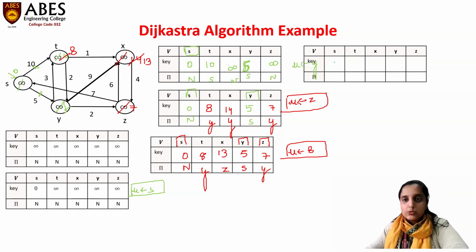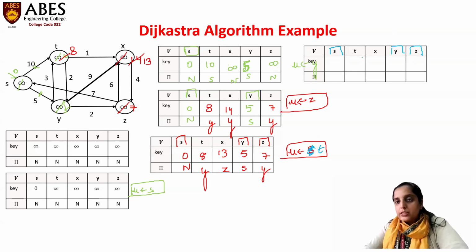S is already visited, Y is already visited, Z is already visited, and now we are about to visit T. Sorry, I've written 8 here. You have to write T here. So the minimum is T, so we'll take T.